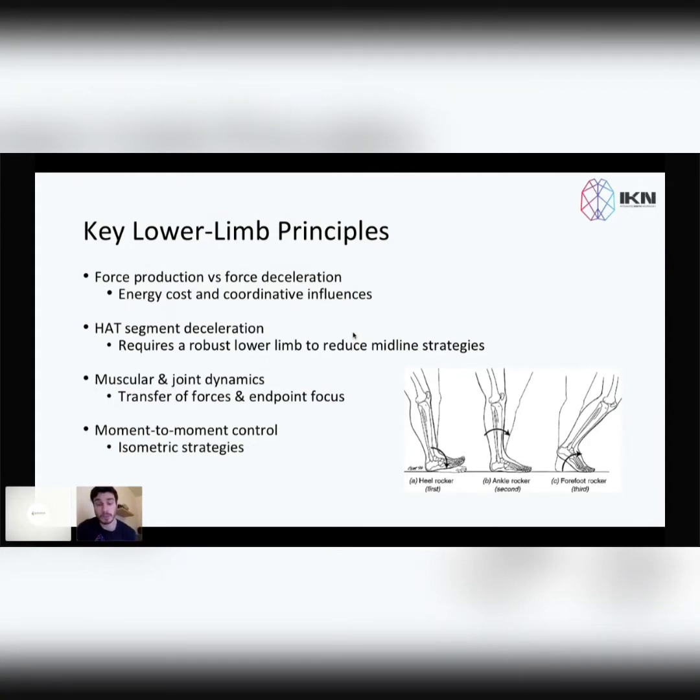Okay, and so really when it comes down to it, when we go through an assessment, we want to identify the ability of these long muscles, these biarticular muscles. And when you look into the research around biarticular muscles, you see that they're designed to redirect forces.